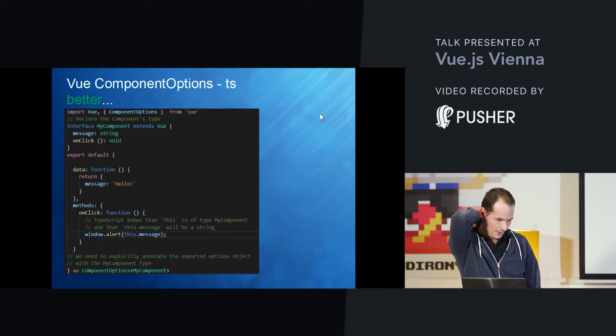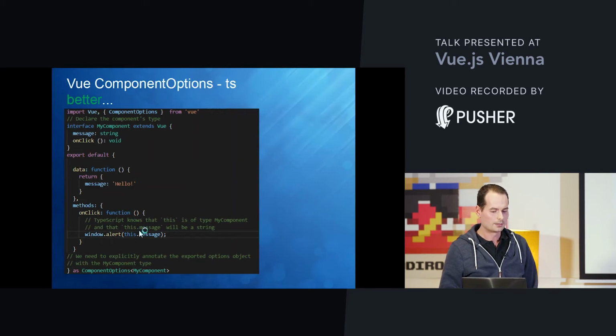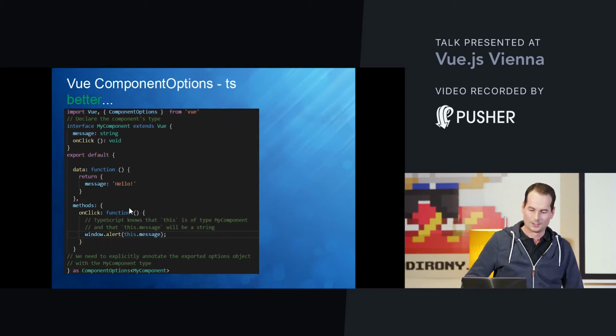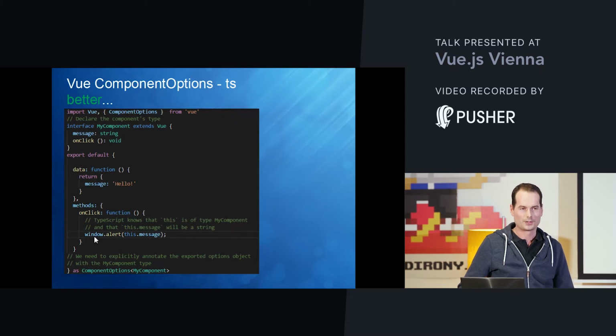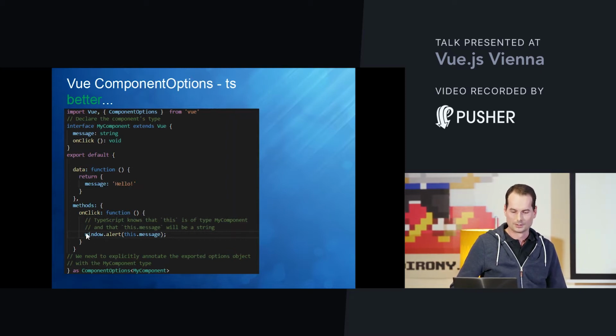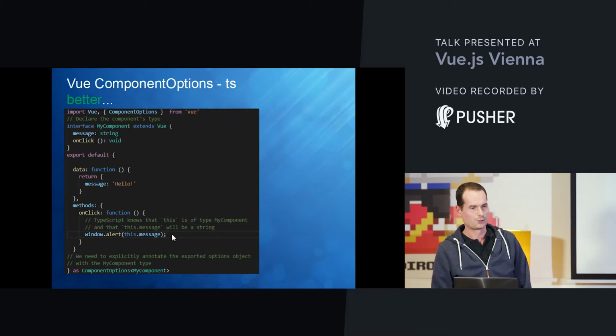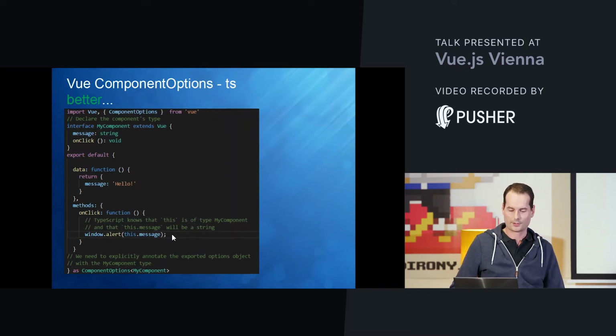So every time you use a variable in a method, it knows the shape of the object. You get full IntelliSense and type safety on the method level. If you are, let's say, in the onClick method and you access the message, it would know this is a string. And as soon as you tried to put a number in this message, it would raise an error.